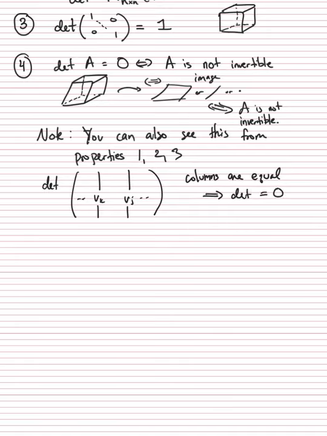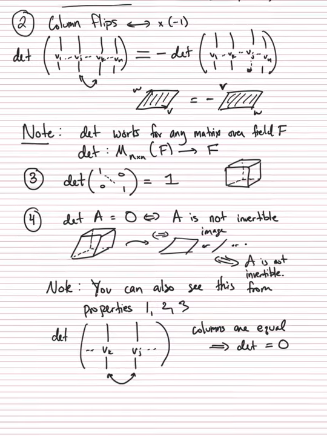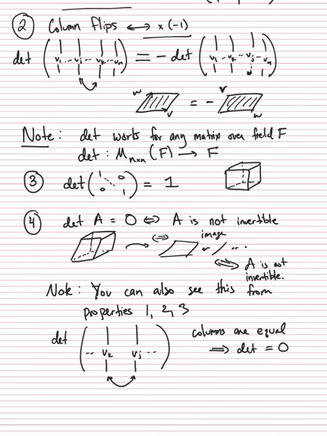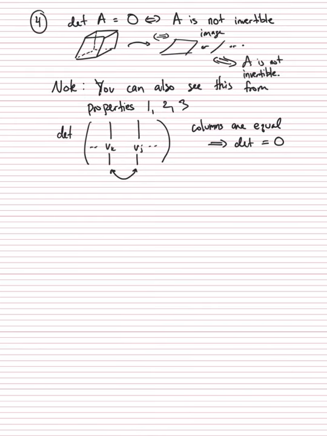Because I can flip the columns, and property 2, which I pull up here, tells me that column flips act by -1. If I flip the columns, I'm getting the exact same matrix. So I better get that the determinant is equal to the negative determinant, which implies that it's 0.